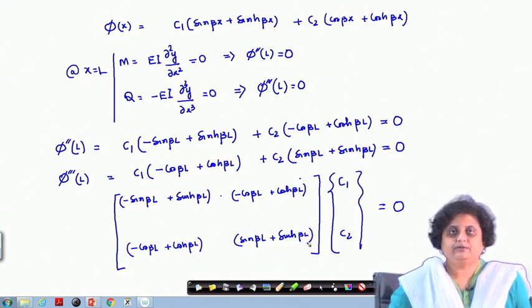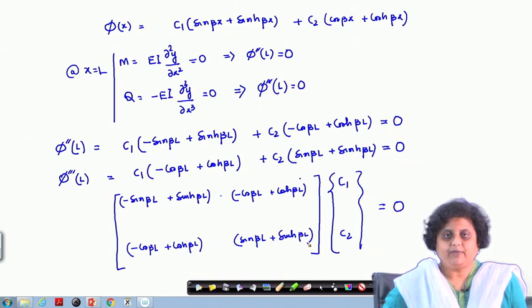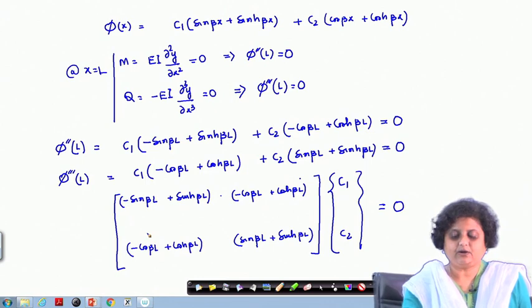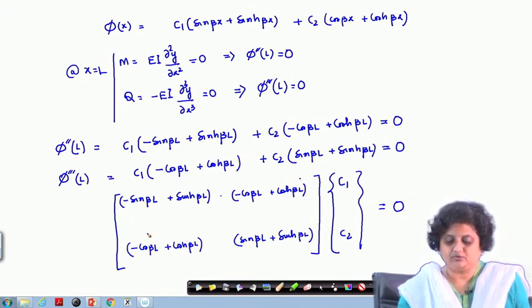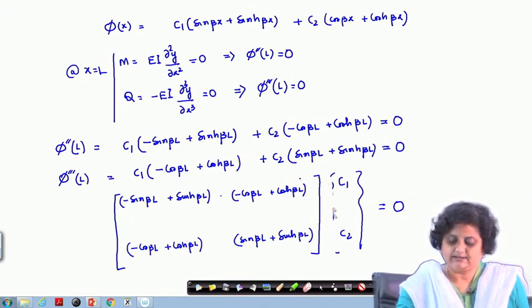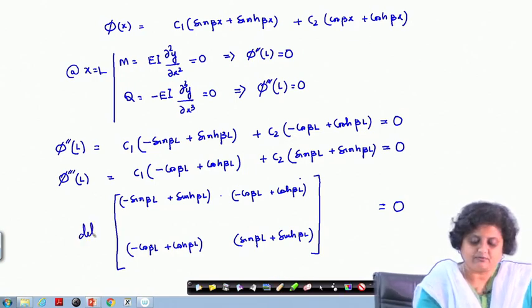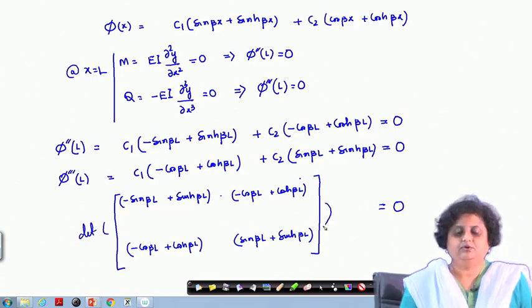Using the same method that we have used earlier, in order for C 1 and C 2 to be a non-trivial or non-zero solution, the determinant of this matrix has to be equal to 0.